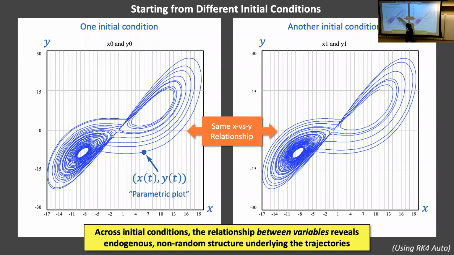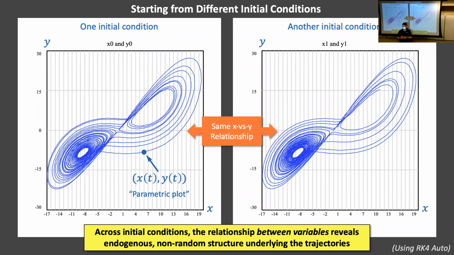If I do X versus Y, every point here is at some time instant in the simulation. I grab an X stock value and a Y, and I plot those together. And this is what we call a parametric plot. And so if I plot X versus Y, where time doesn't show up anymore, it's just the relationship between X and Y, I get this funny little shape that does not look random.